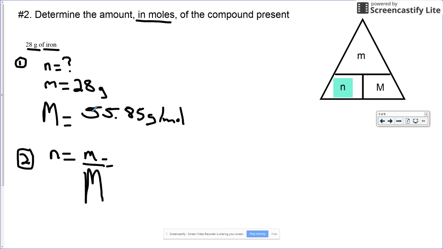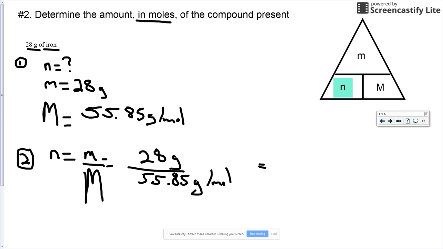Okay, we've already determined all these values up here. So really now for step 3, we just substitute 28 grams. We're going to divide that by 55.85. I realize typing with the mouse is painful. I'm sorry, guys. So 28 grams divided by 55.85.